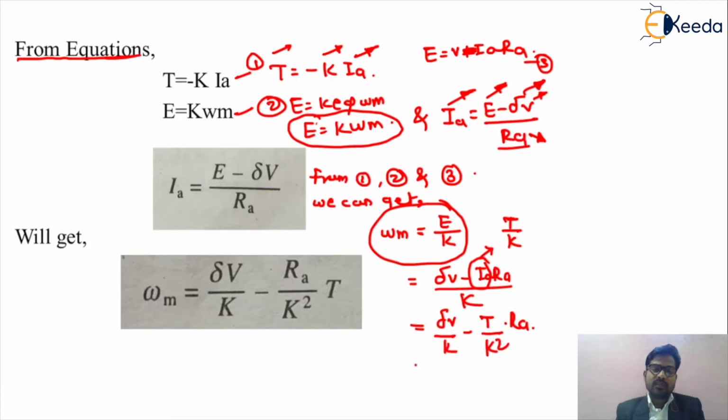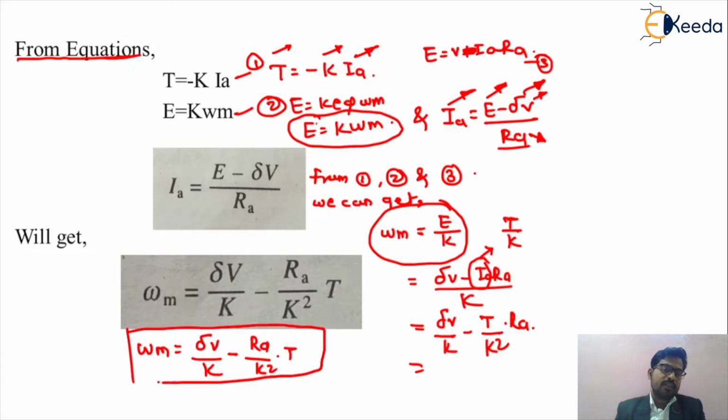So we get the torque speed relationship: omega m is equal to del V divided by K minus RA divided by K square into T. So from that equation, friends, we get the torque speed relationship.